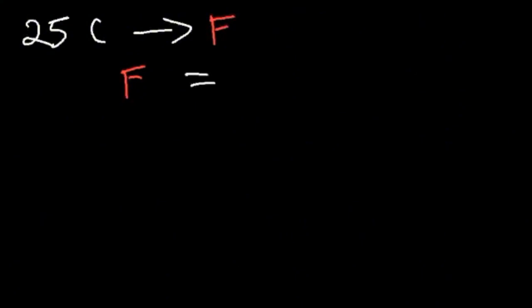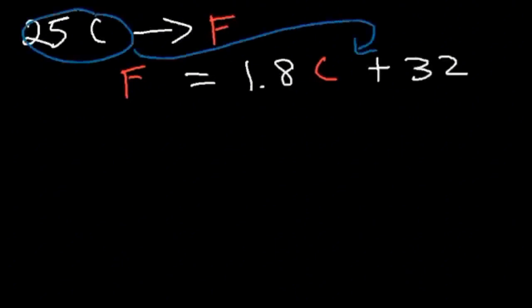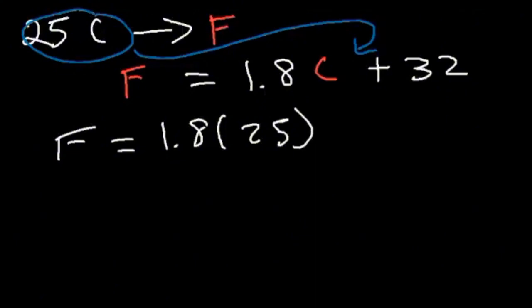So now let's convert the Celsius temperature to Fahrenheit. So let's use the equation Fahrenheit is equal to 1.8 times the Celsius temperature plus 32. So this time, we just need to plug in the Celsius temperature for C. So it's 1.8 times 25 plus 32. 25 times 1.8, that's 45.